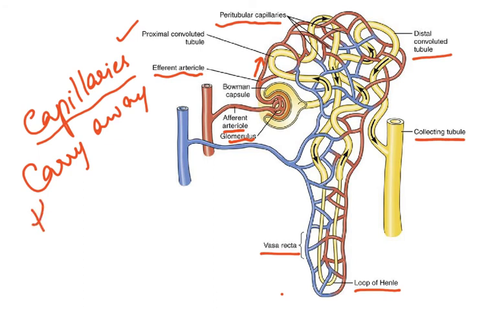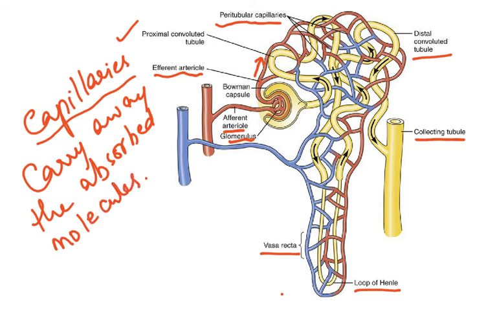So carry away the absorbed molecules. The glucose, the amino acids. So the absorbed molecules have to be carried away by the blood. So the capillary function is only to carry away the absorbed substances, like water is reabsorbed, glucose is reabsorbed, amino acids are reabsorbed. So all that is reabsorbed.